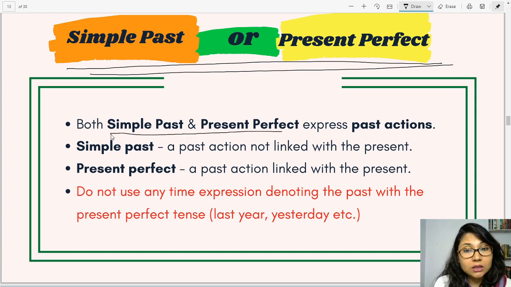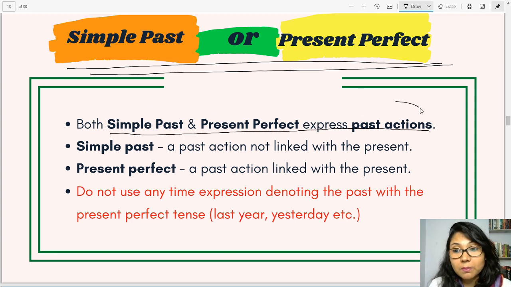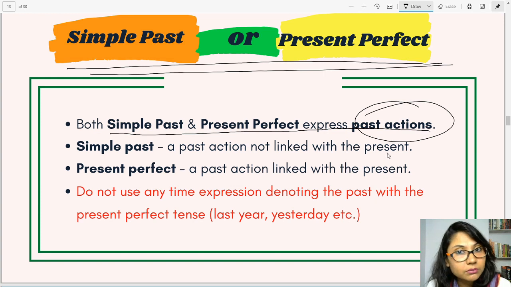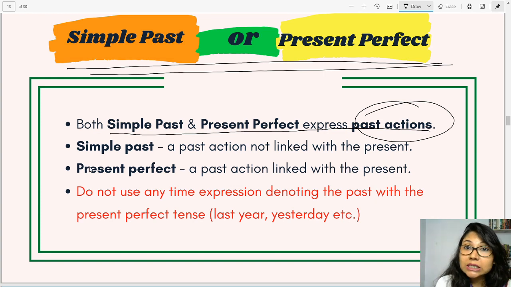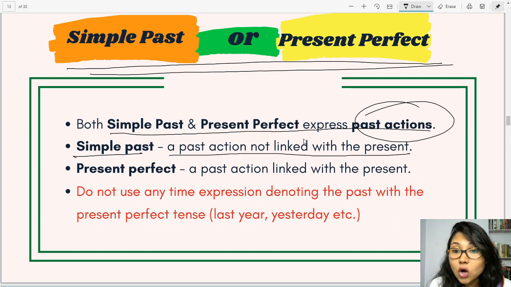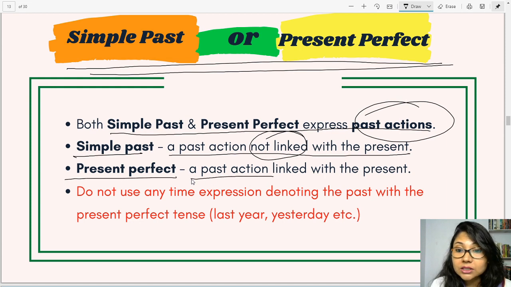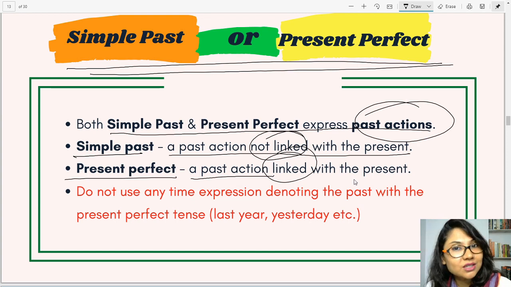Both simple past and present perfect express past actions. Both of them past actions. Now, what is simple past? Simple past, a past action not linked with the present, and present perfect, a past action linked with the present. It's very important for you to understand that big difference.